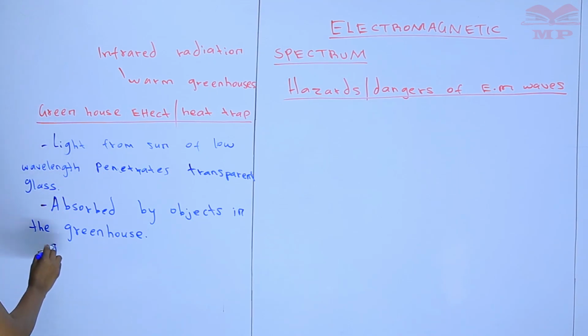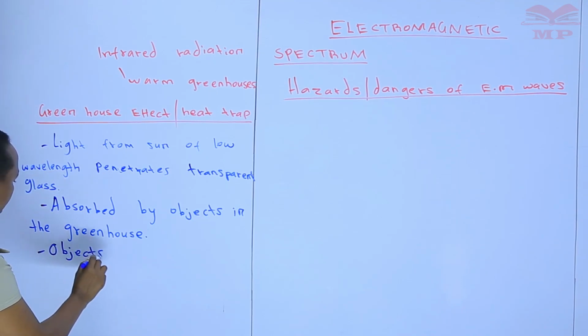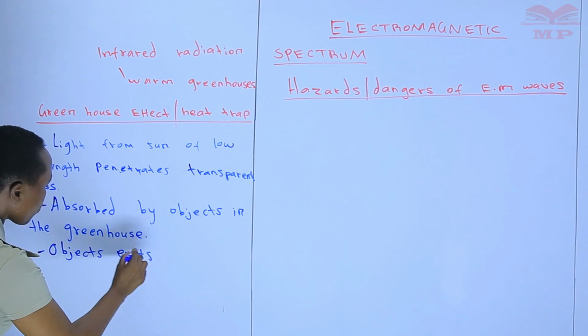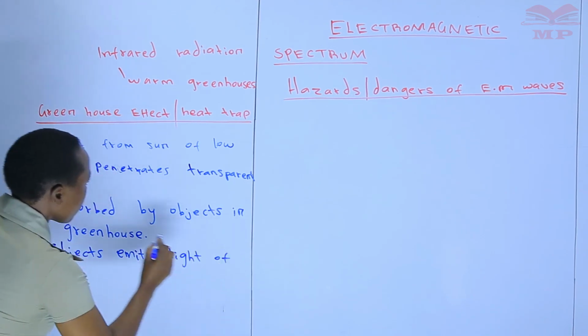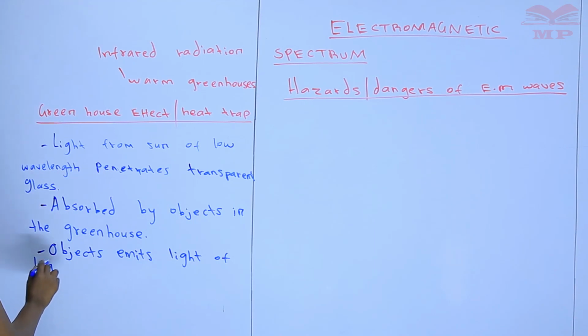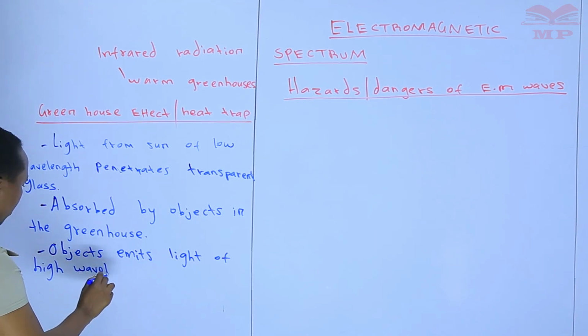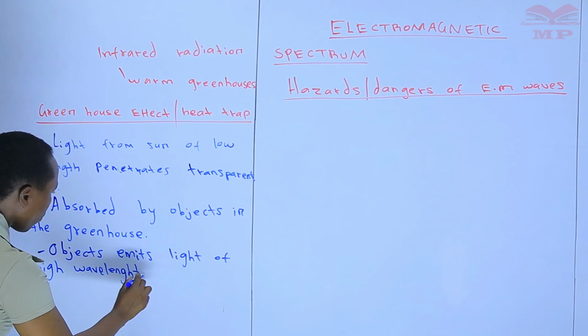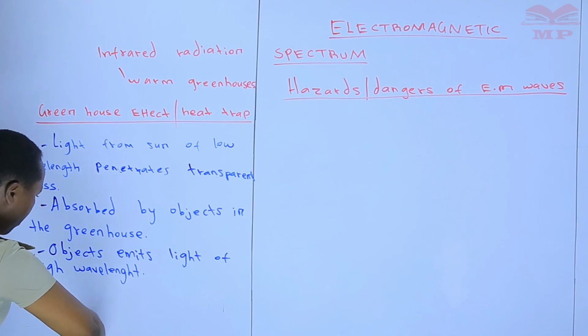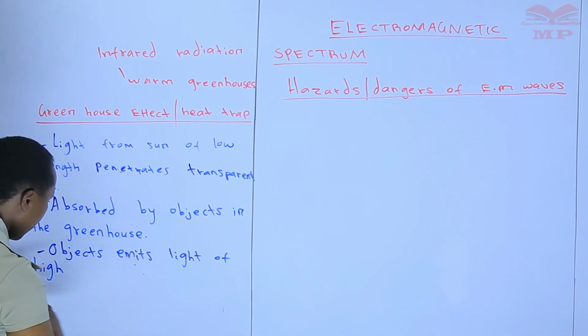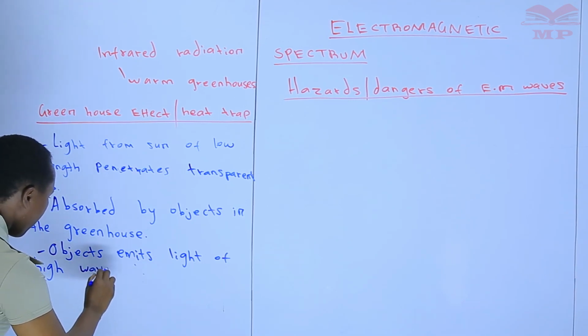So the objects will emit some light, but of a higher wavelength.